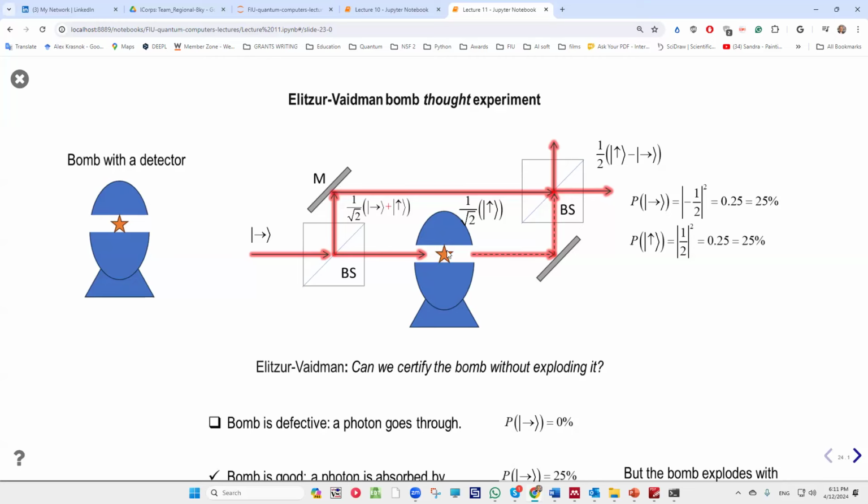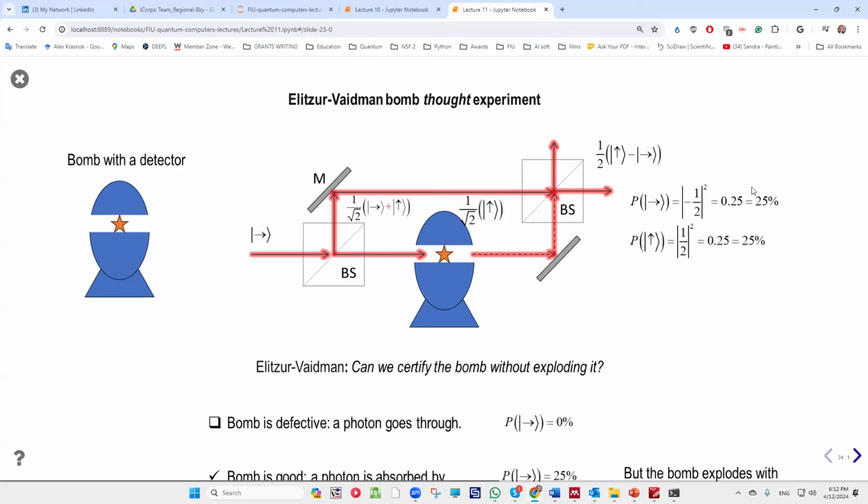And the second opportunity for the photon goes through the bomb without interaction because the bomb was initially defective. In this case, I will observe, let's say, 0% of photons going to the right in this horizontal direction.